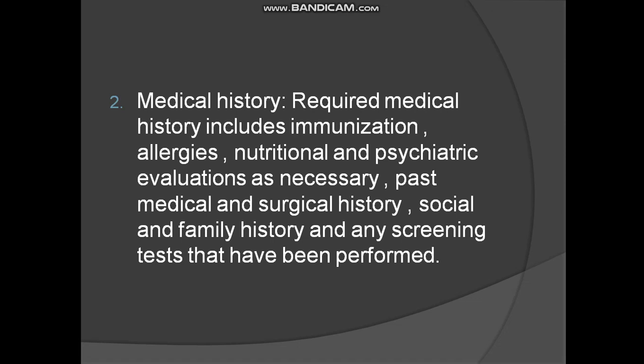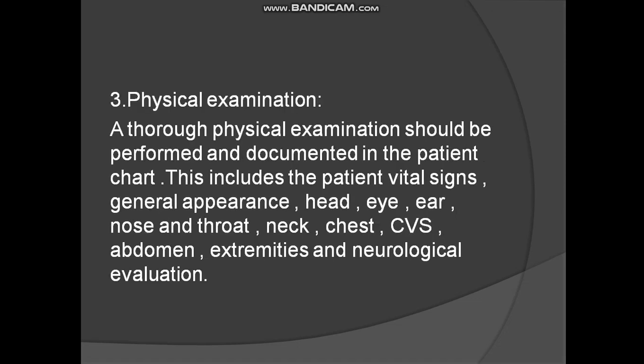First one is the admission record, then the medical history. Then the physical examination, a thorough physical examination record. A thorough physical examination should be performed and documented in the patient chart. After coming to the hospital, the physician or doctor will examine the patient thoroughly and give the impressions.